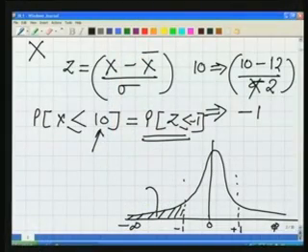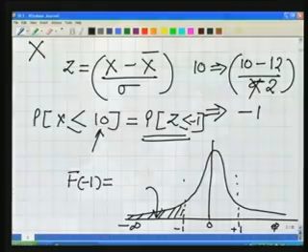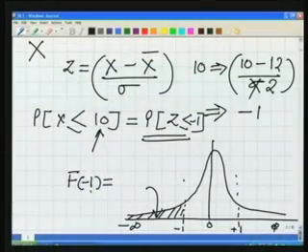Now, how do we find this? This area, as we have seen, is equal to, in terms of the distribution function, F of z at minus 1. So, what is the value of the distribution function for minus 1? That is what we need, and for that we will need to make use of the table.